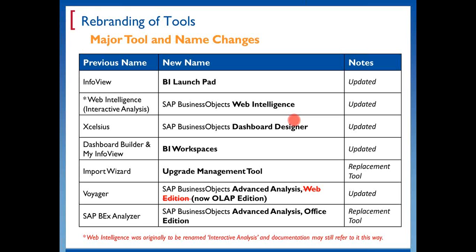Using Advanced Analysis, you can connect to different OLAP-based systems to extract the data and analyze this information in a Microsoft Excel based platform. So this is an updated version, basically rebranded, renamed, and correspondingly enhanced, with enhanced capabilities.